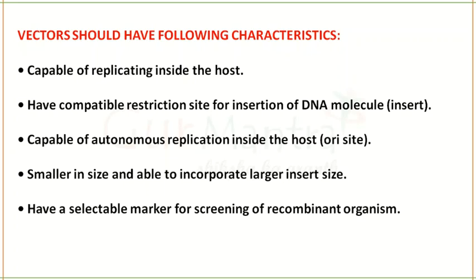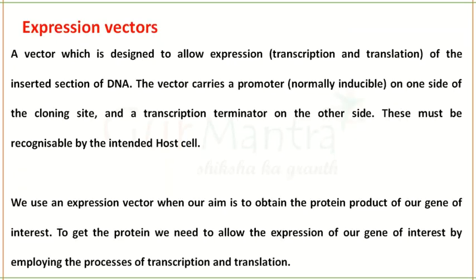It should be capable of autonomous replication inside the host, which means it should have an origin of replication. It should be smaller in size and should be able to incorporate a larger insert size. It should have a selectable marker for screening the recombinant cells from the normal cells. So these are some of the characteristics that a vector must possess.